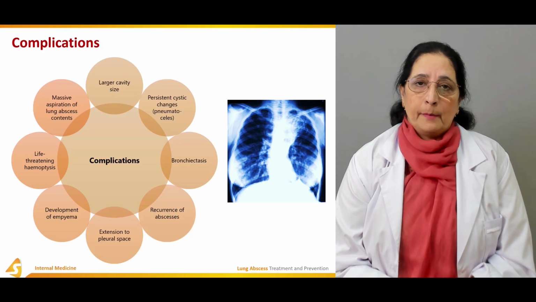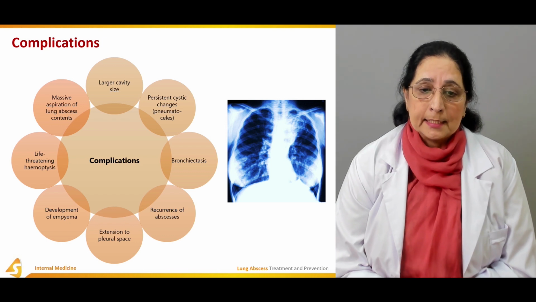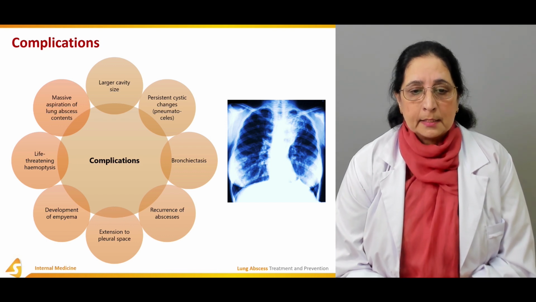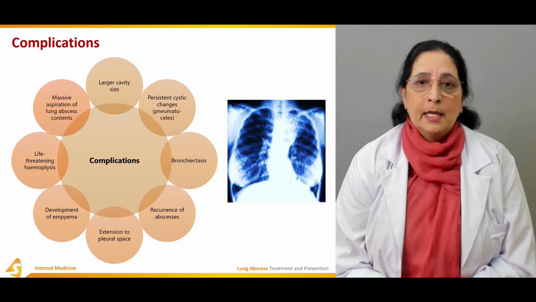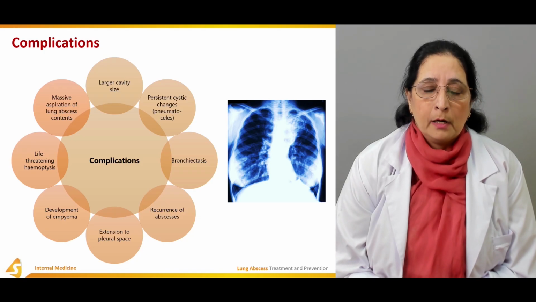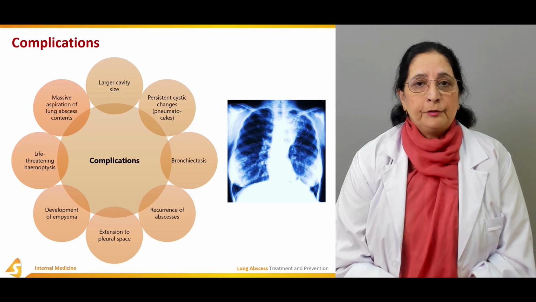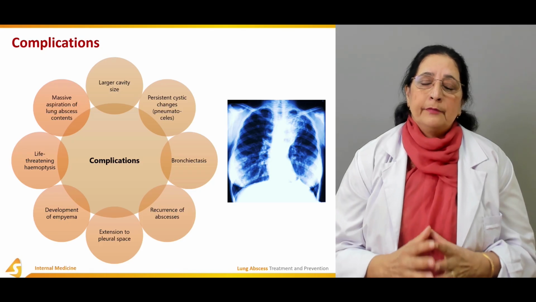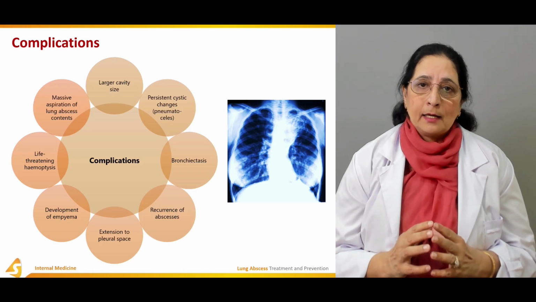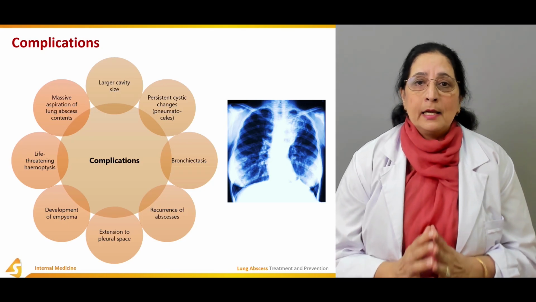So all these are complications: massive aspiration, increase in the cavity size, bronchiectasis, recurrence of abscess, extension of abscess into the pleural spaces, development of empyema or pus in the pleural space, life-threatening hemoptysis, blood in the sputum. So all these are different complications that can occur as a result of primary and secondary lung abscess.